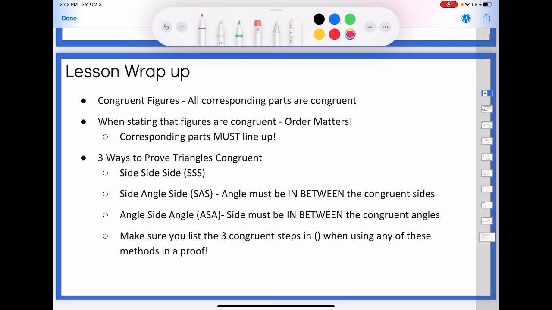And then the last one is our 3 ways to prove our triangle is congruent: side, side, side, side, angle, side, and angle, side, angle. And just remember for the last 2 that the included angle or the included side is the side or angle in between the other 2 pairs of congruent parts. And then make sure you list those 3 congruent steps in the parentheses when you use any of these methods in a proof.